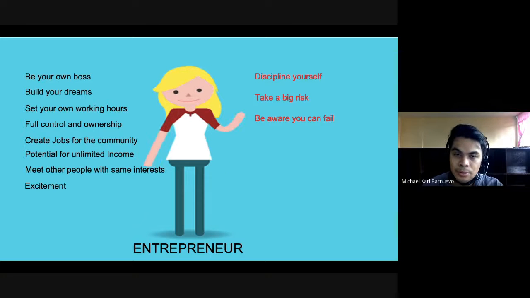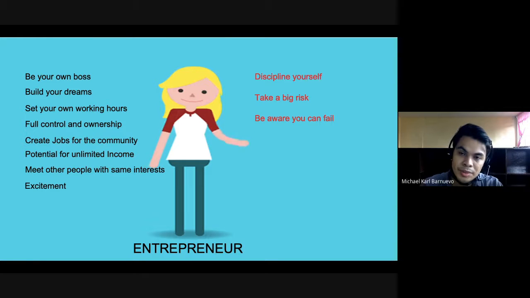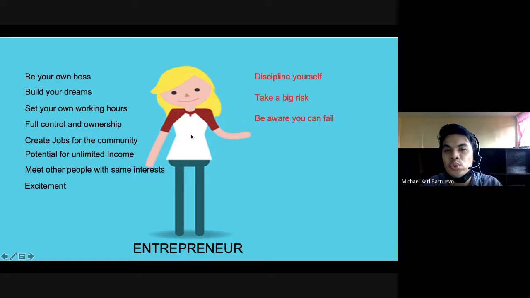And there are a lot of businesses talaga who are failing. For the reason is, wala silang discipline or they have improper management of resources. Yun yung mga usually causes ng hindi pagiging successful na isang business. What else? You are never 100% safe.